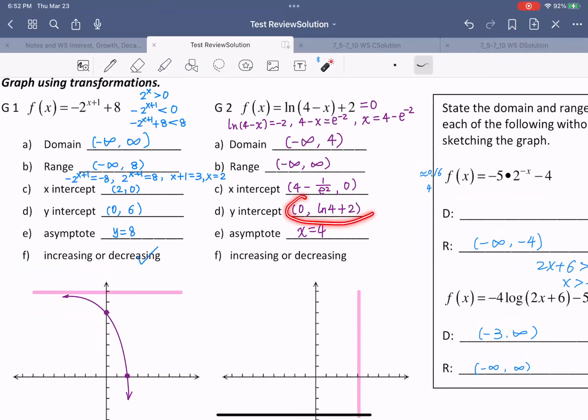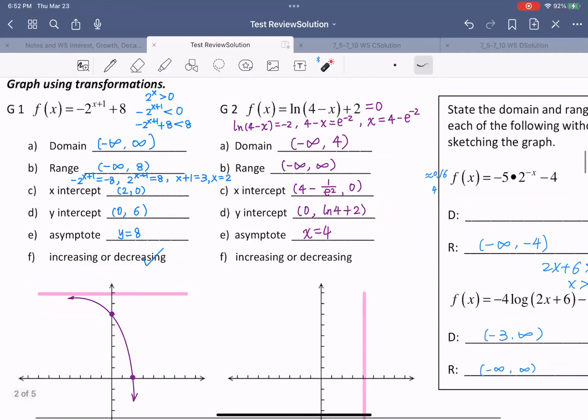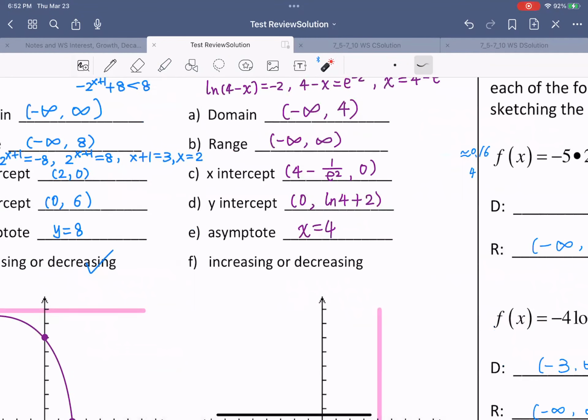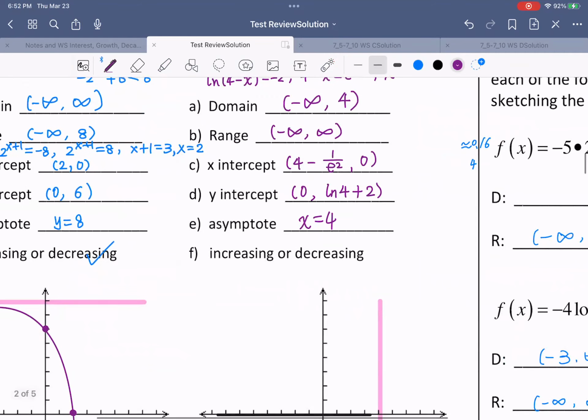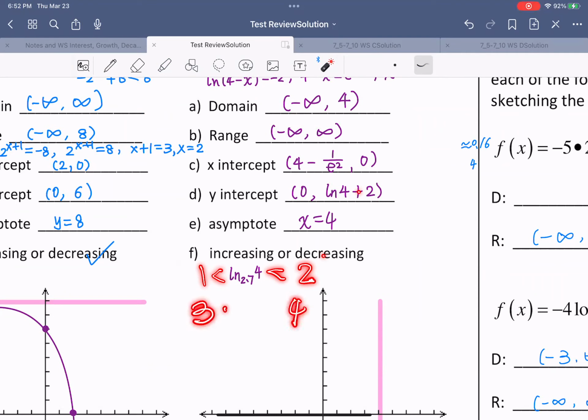So at 0, ln 4 plus 2 is going to be how much? The ln of 4 means e is roughly 2.7 and 4, so this is going to be greater than 1. It's between 1 and 2. Then you plus 2, so it's going to be between 3 and 4.